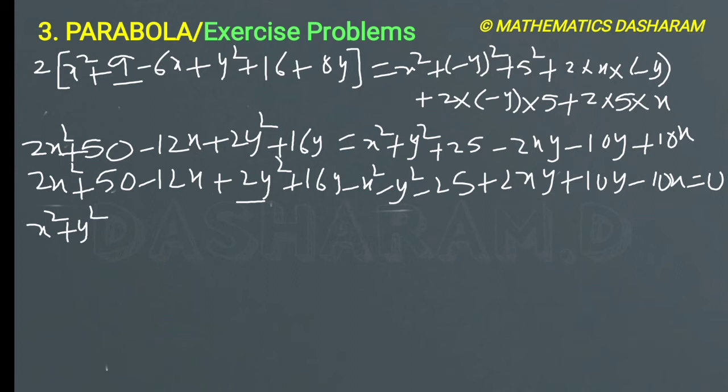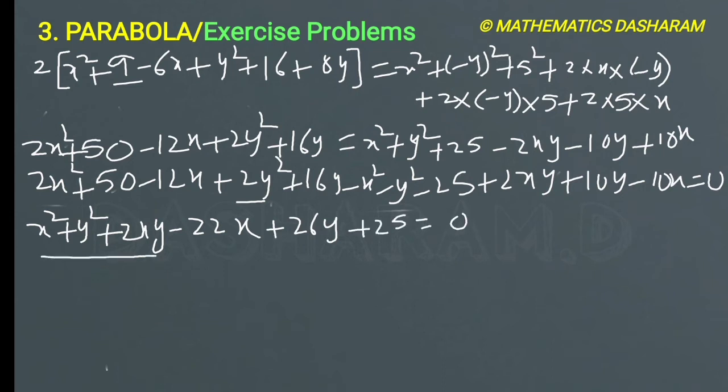Next here plus 2xy, next -12x minus 10x, so it is -22x, 16y plus 10y, so it is 26y. Next 50 minus 25, so plus 25 equals 0. Now here we can apply the formula, that is (x + y)², next plus 22x minus 26y minus 25.